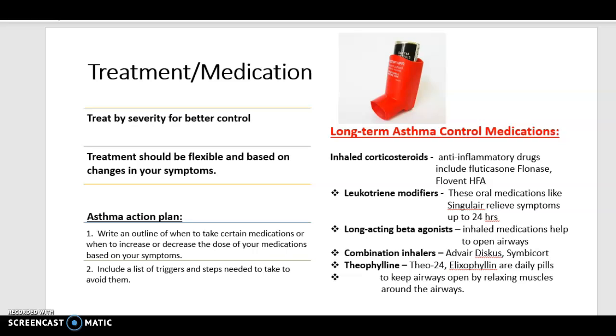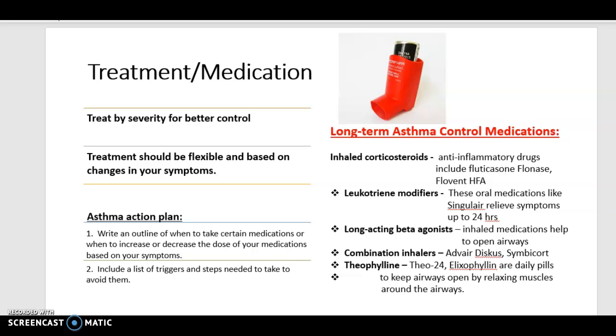So following up with regular doctor visits is very important if you're diagnosed with asthma. A good action plan is to have a journal. That way you can write down certain medications, when you have an increase or decrease in a dose of your medicines, and a list of triggers or steps needed to avoid them.